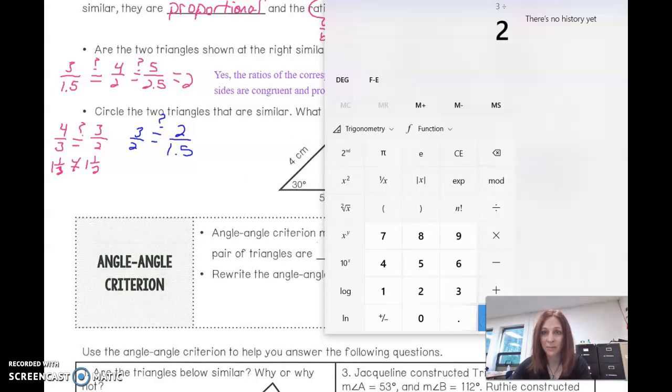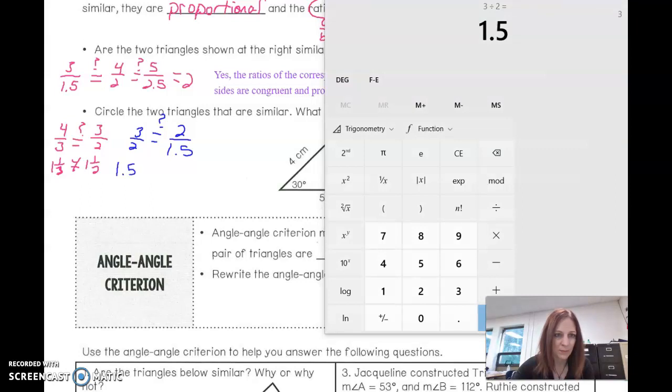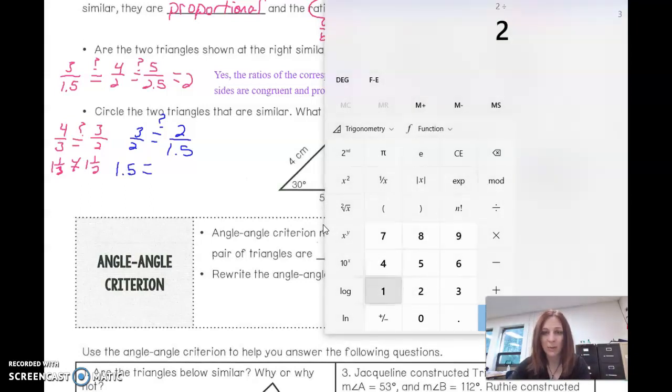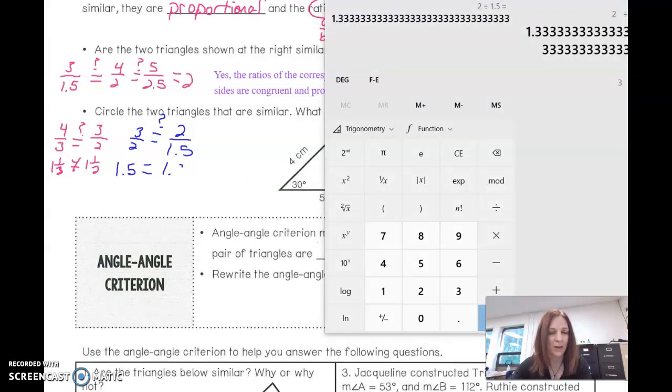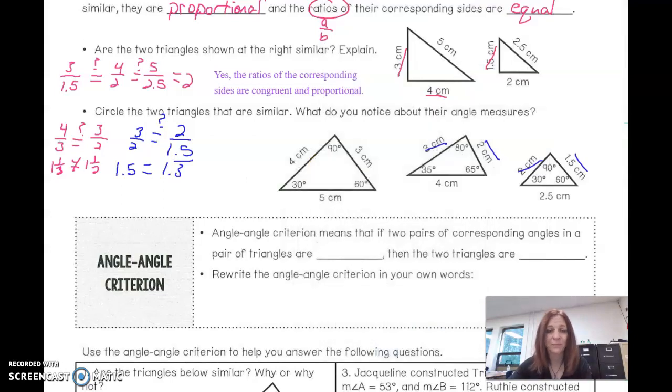Well, 3 divided by 2, we know that's 1.5. Don't know why I went through all that. 2 divided by 1.5 is 1.3 repeating, so that doesn't work.